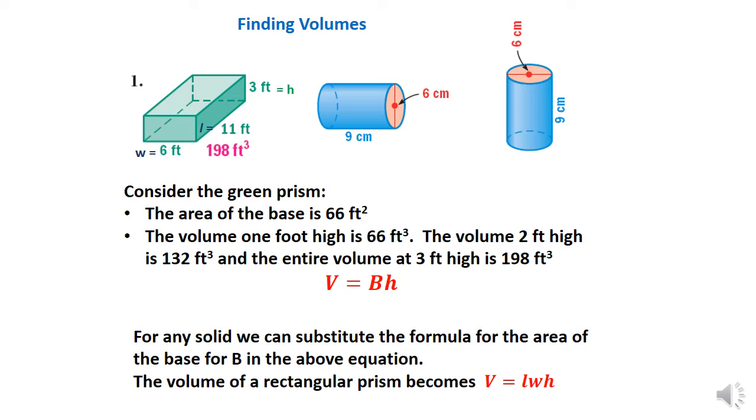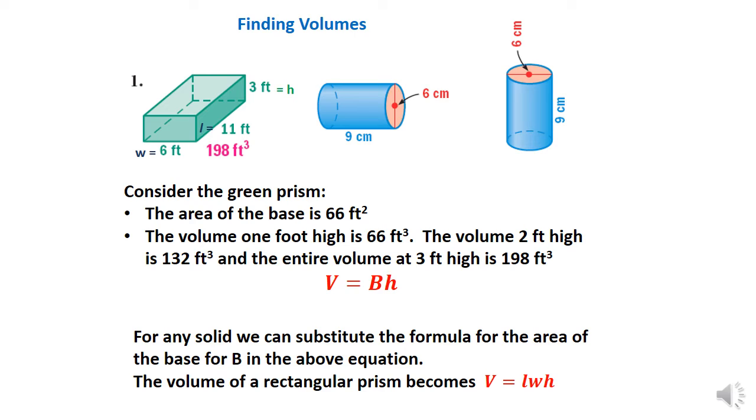The area of the base is 6 feet by 11 feet, or 66 feet squared. The volume 1 foot high would be 66 feet cubed. The volume 2 feet high would be 132 feet cubed. And the entire volume at 3 feet high is 198 feet cubed.